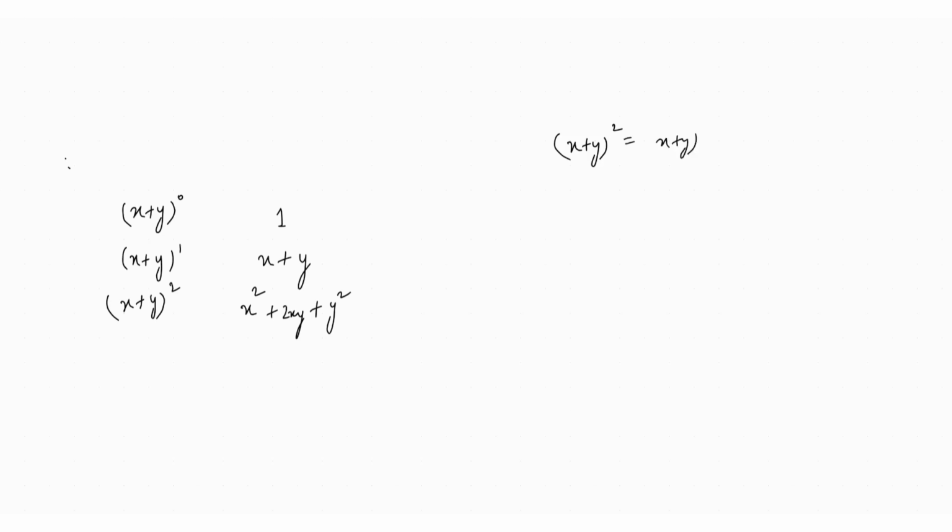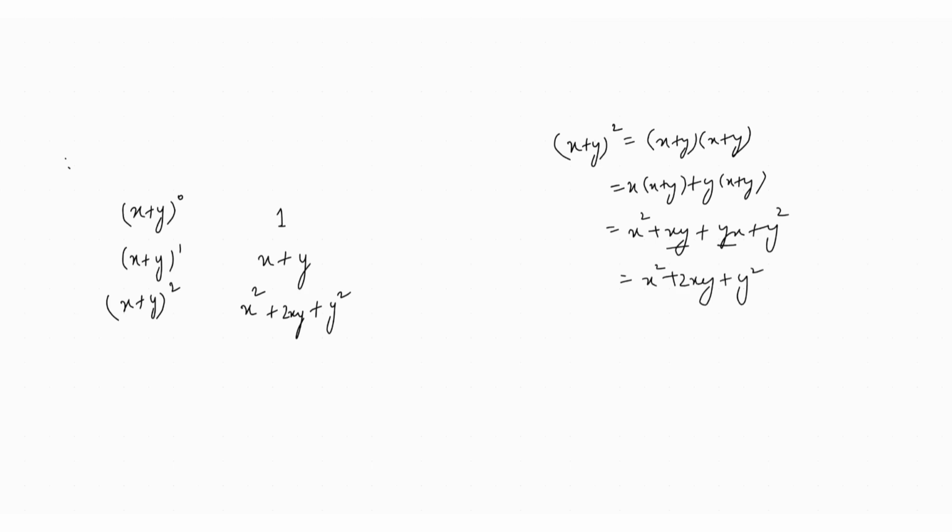Now you know how to open the bracket. x times x plus y. Now you open it, you get x square plus xy plus yx plus y square. xy, yx, same thing, which is 2xy. Yes or no?